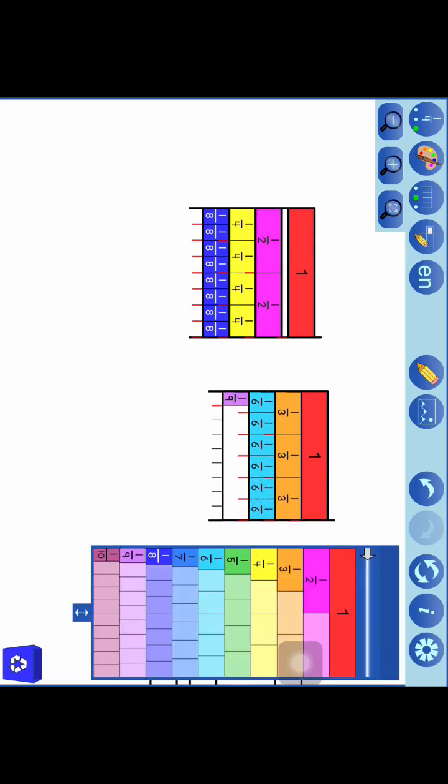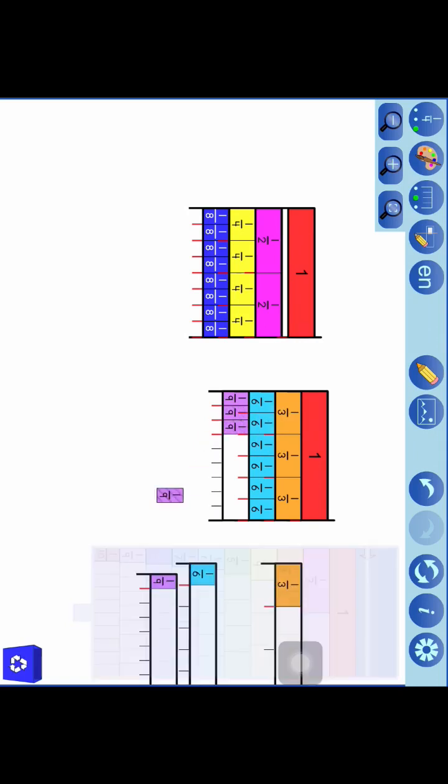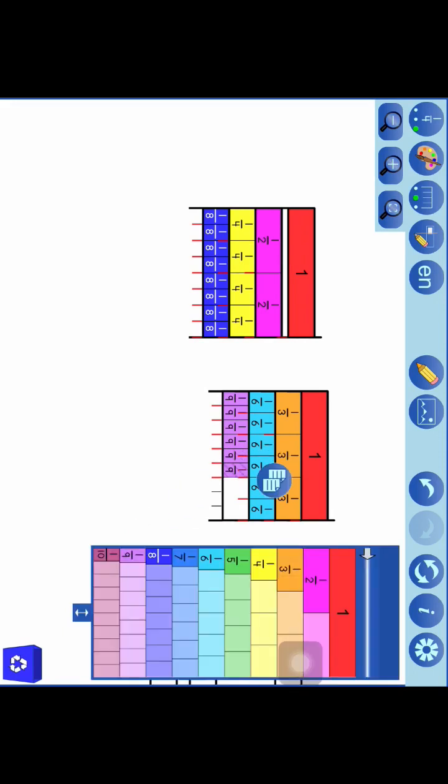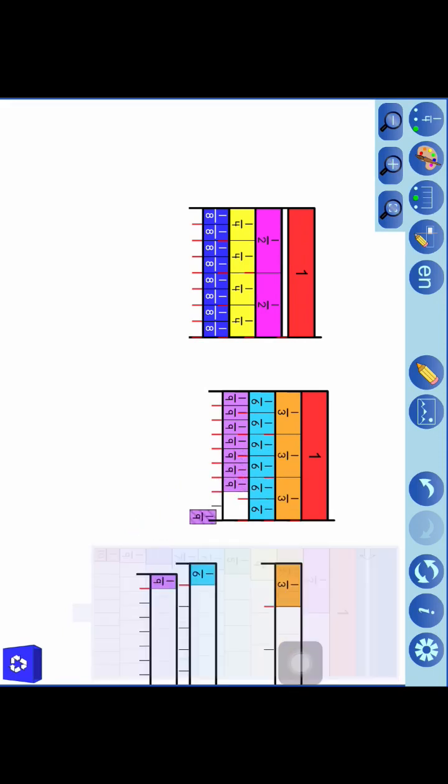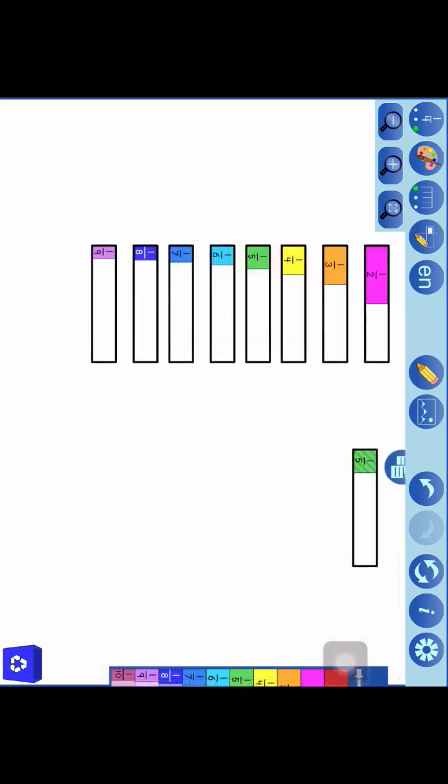If we split 1 into 9 parts, each part represents 1 over 9. As you can see, 1 over 3, the orange area, is greater than the purple area. So 1 over 3 is greater than 1 over 9.